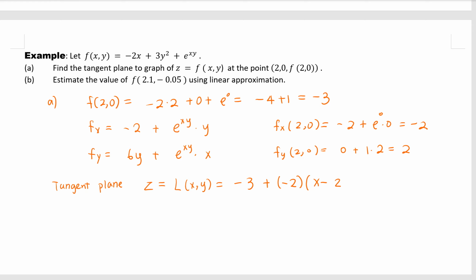And then we have the partial f partial y times y minus the y coordinate of the point. So that's negative 3 minus 2x distributes. Minus 2 times minus 2 is plus 4, and that's 2y. So we have negative 2x plus 2y, minus 3 plus 4 is plus 1. Do you have the same answer?